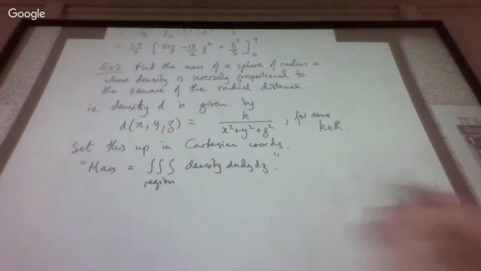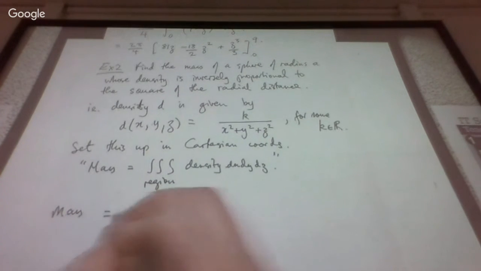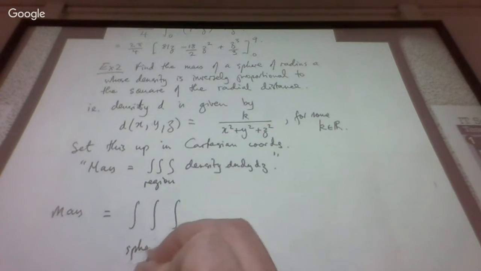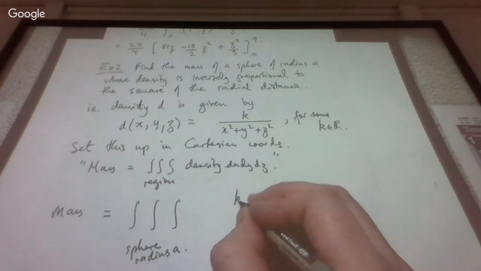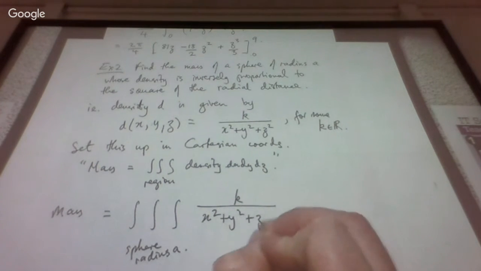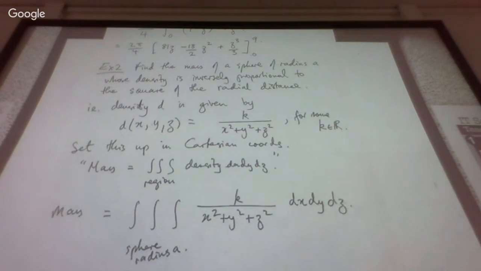Now this is a sphere of radius A, so this mass is going to be the triple integral over the sphere, radius A. Just describing that by name for the moment. Integrating the density function, so the density function is k over the sum of squares times dx dy dz.